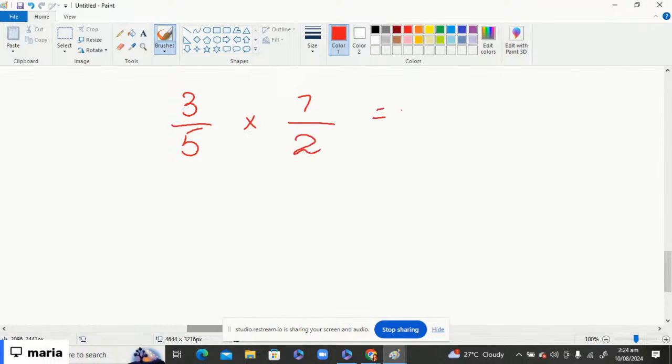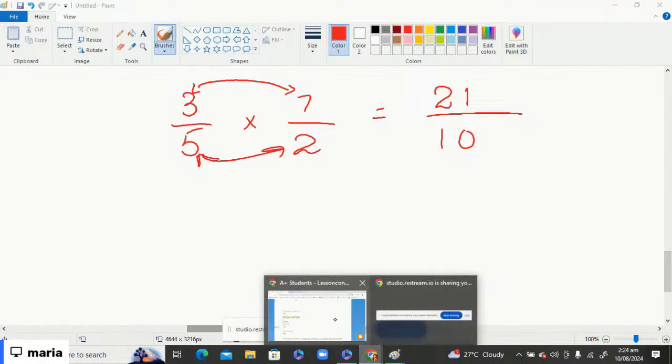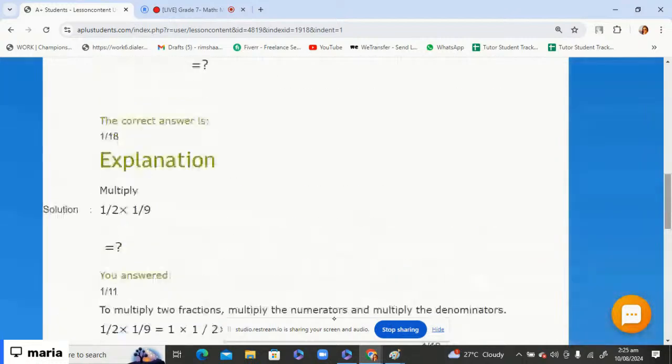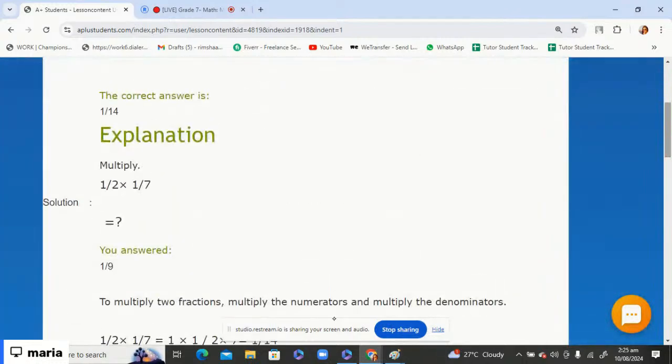Now you tell me. 3 times 7 is 21 and 5 times 2 is 10. Just simply multiply these two numbers with each other and these two numbers with each other. Got it? 21 over 10. That's it. Now let's do some test questions together.